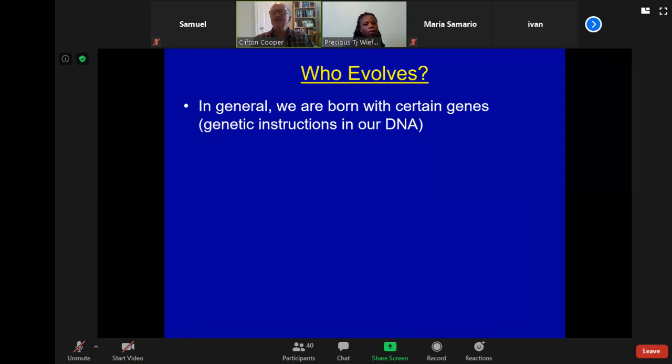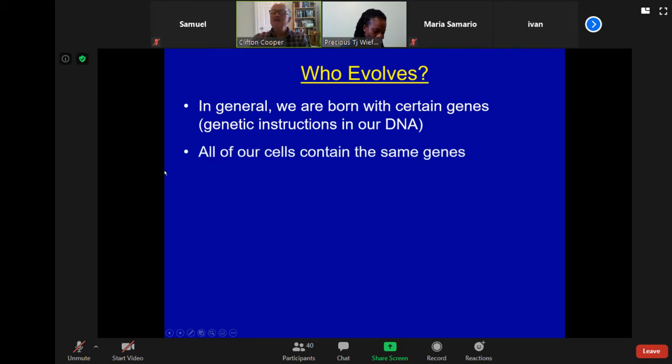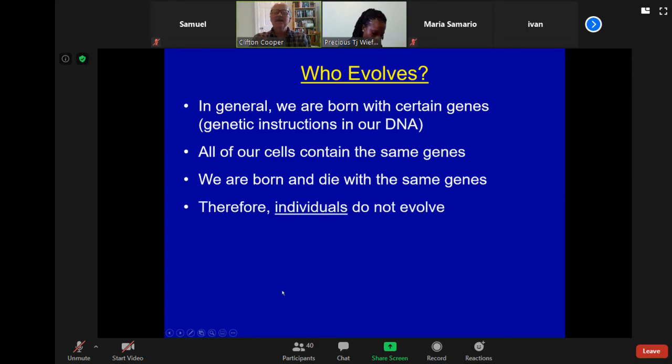But in terms of having genes evolving to make you stronger and better, that's not happening during your lifetime. Generally, you're born and you die with the same genes. All of your cells in your body contain the same genes. So you basically inherit certain genes and you die with the same ones. Individuals, in general, we'd look at them as not evolving.